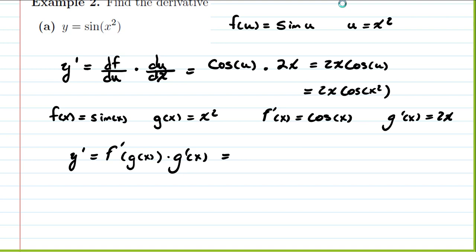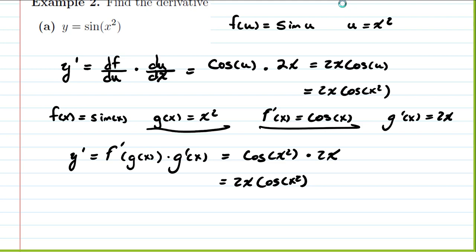So we get f prime evaluated at g, so it's going to be cosine evaluated at g, times g prime, which is exactly the same thing: 2x cosine x squared. Notice, it's the derivative of the outside evaluated at the inside, times the derivative of the inside. Two different ways to do the same thing.